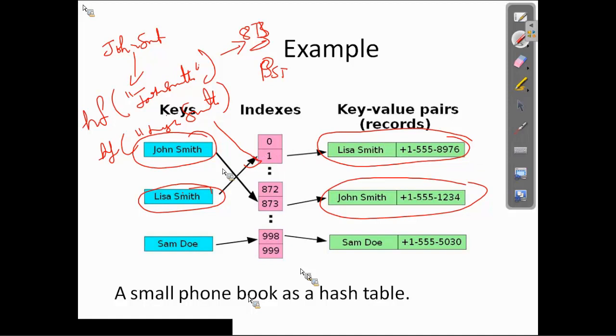The trick is, without using any BST, you can go straight to that index and get the physical record, whereas in a BST you have to do this in log n time. Here, the time taken is whatever computation time the hashing function uses to take John Smith and generate 873, or take Lisa Smith and generate 1, or take Sam Doe and generate 9898.